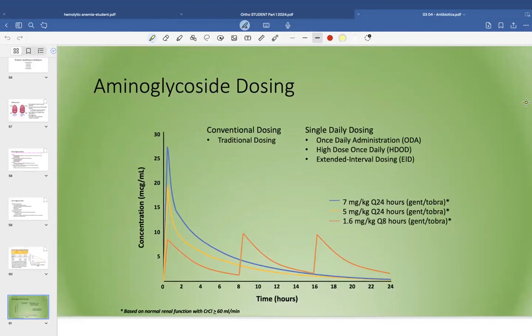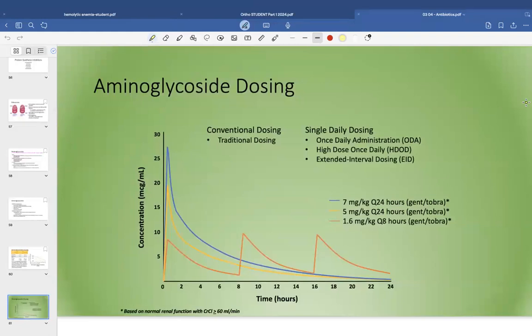Traditional dosing regimen would give it every 8 hours, and you get your peaks and you get your troughs in between.